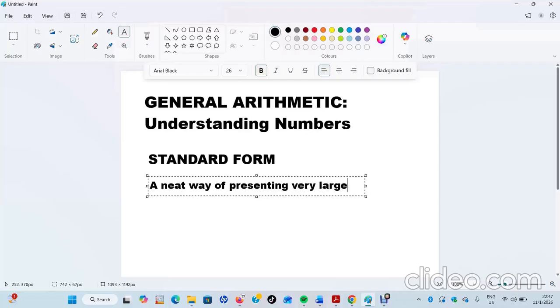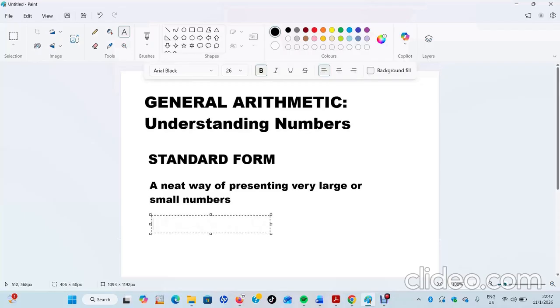You will notice that sometimes trying to write a number that is very small becomes tedious or messy, if I'm using the proper English term. Take for example the distance from the moon to the Earth's surface, which is known to be about 384,400,000 meters.